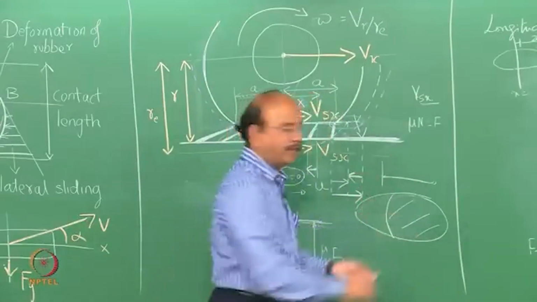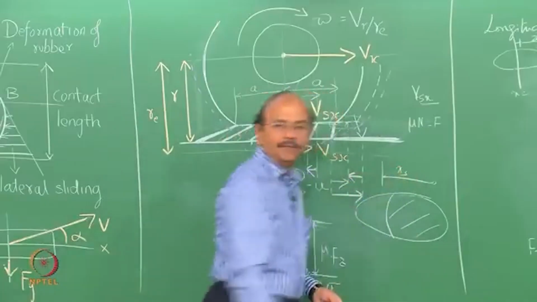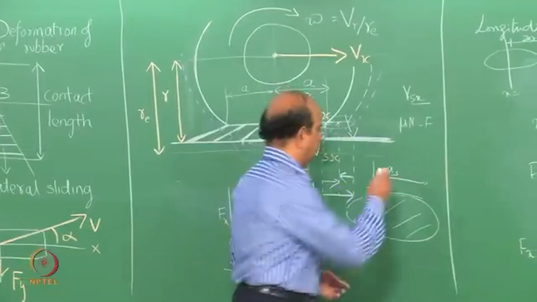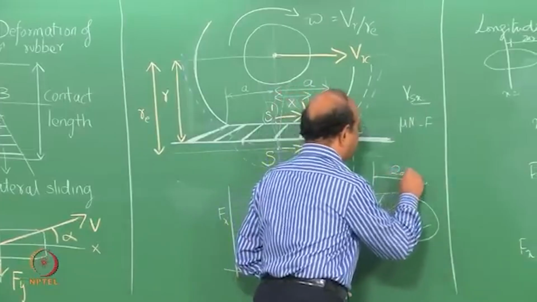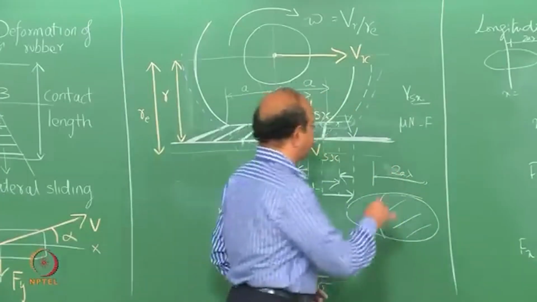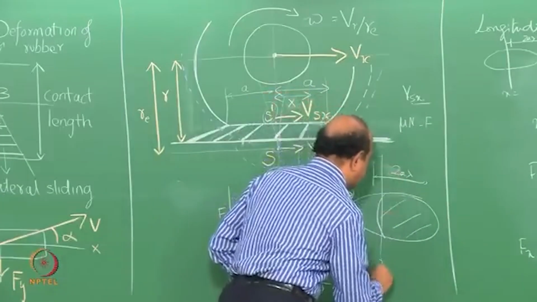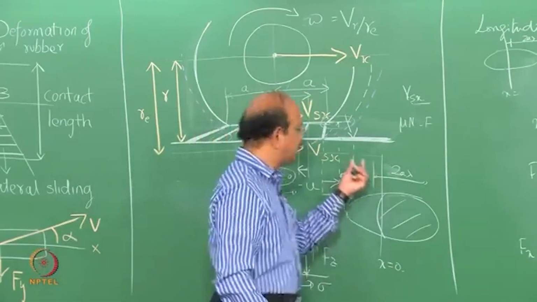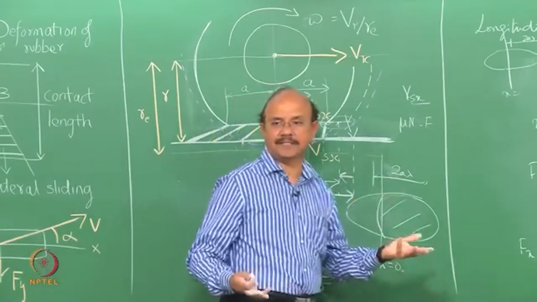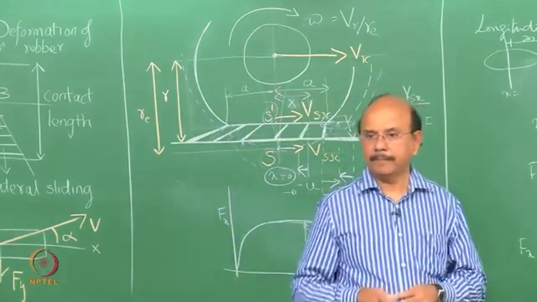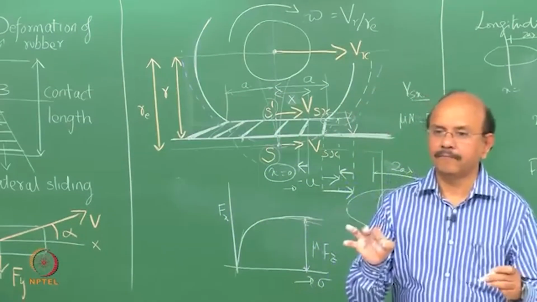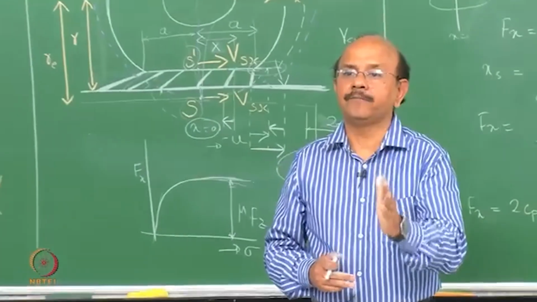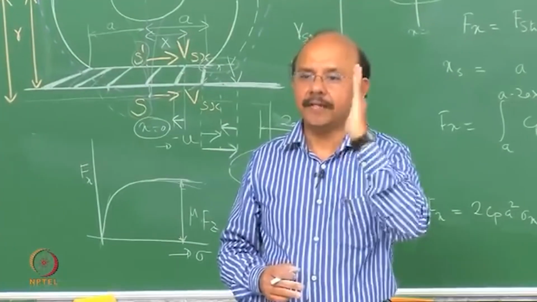If x is equal to 0 here, then this distance is what is called xs. Clear? So we equated it to find out that point at which sliding takes place.